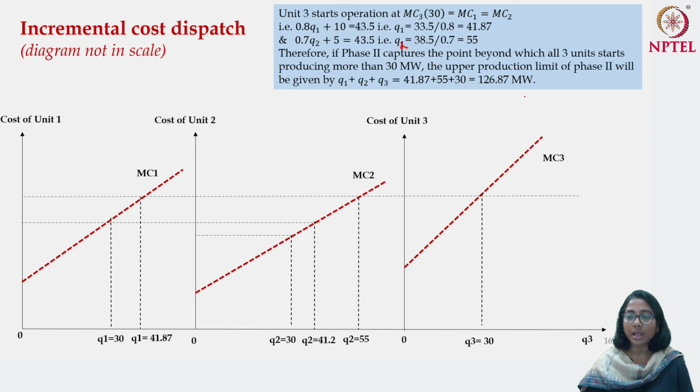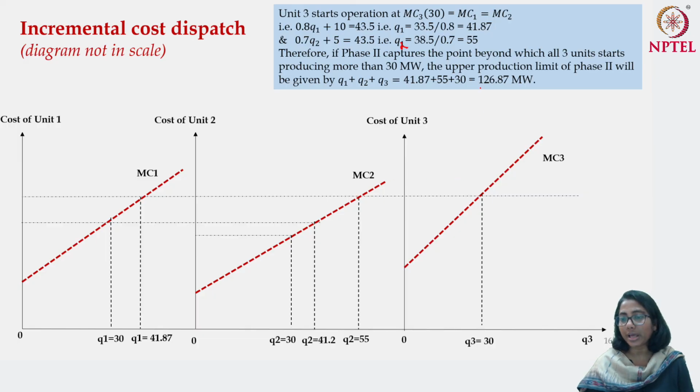Between 101.2 and 126.87 megawatt, both the first and second units start producing. So between 101 and 126.87, it's the first and the second units that are producing. Beyond 126.87, all three units are producing.